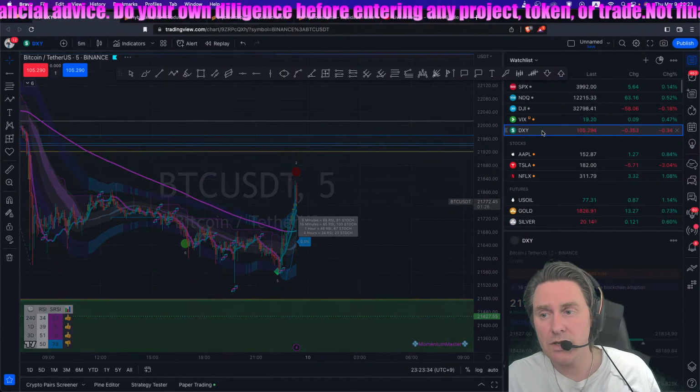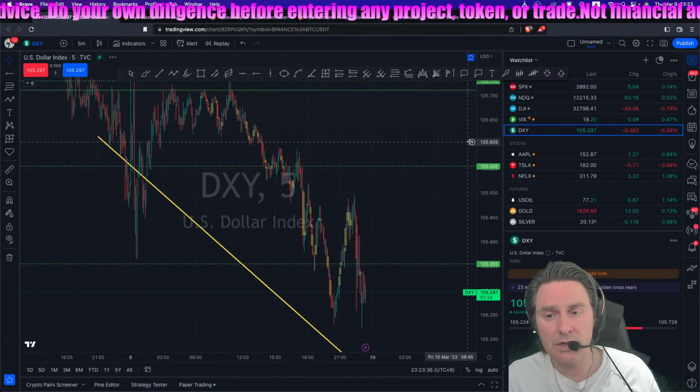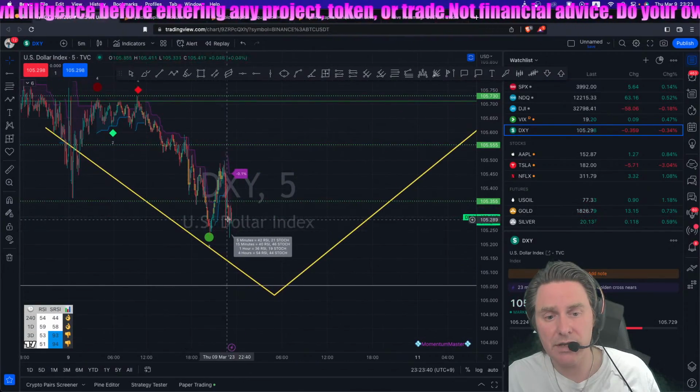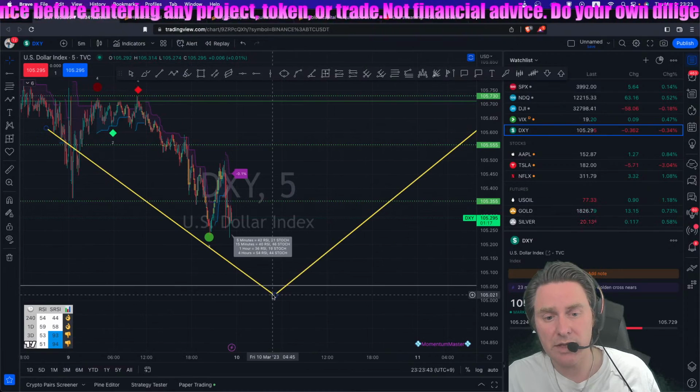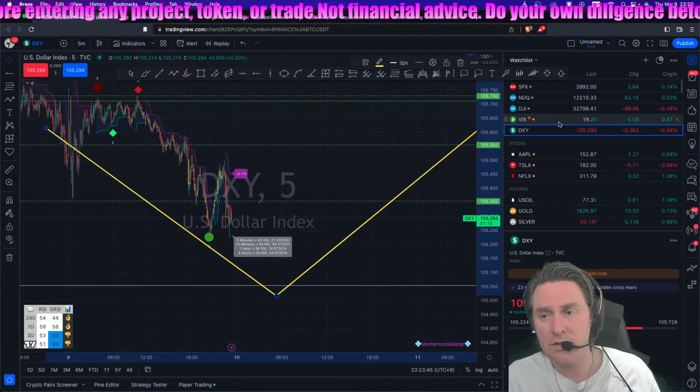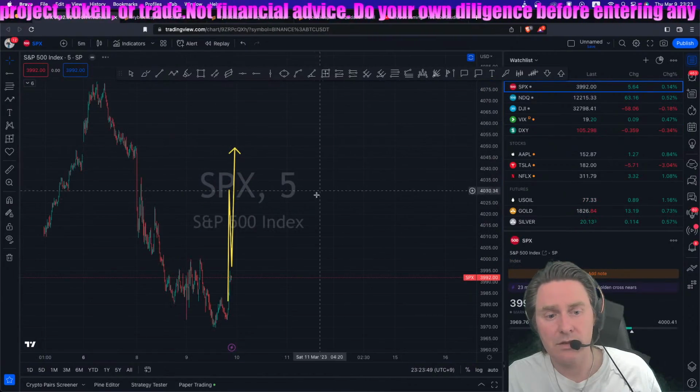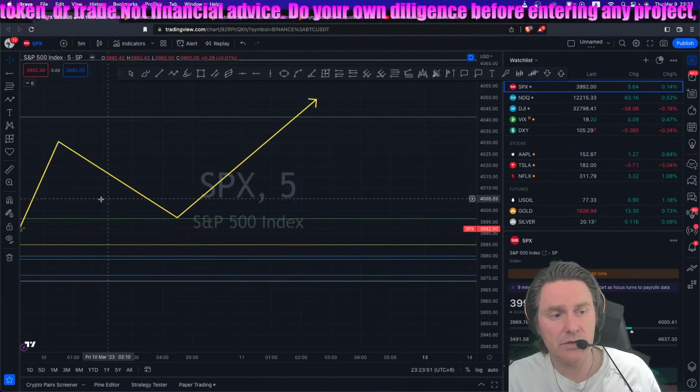So let's go one last time to the dollar and see what it's doing. It's still filling out the thing from yesterday, still coming down to that point. And the S&P, looks like it... what did it do?